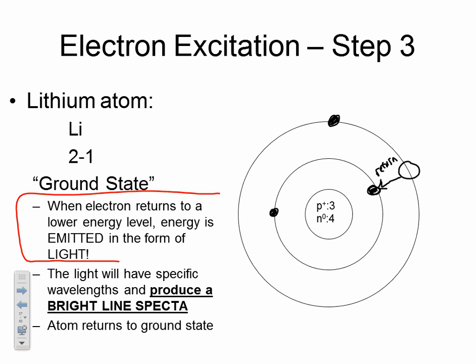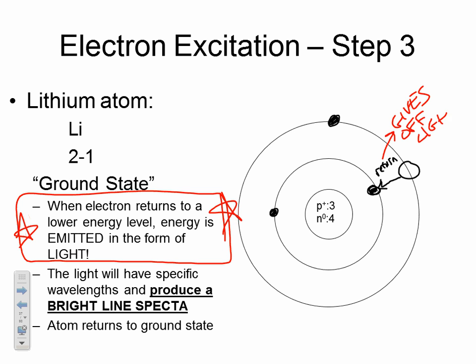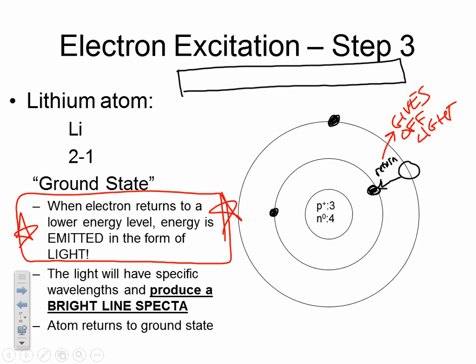When that happens, that process of that electron returning, that electron gives off light. And the light that it gives off is the light that we see in those spectra that look like this, that have the different bands and different lines, and maybe a line out here. That light, that energy that's giving off in the form of light is actually turning into that band that we see.